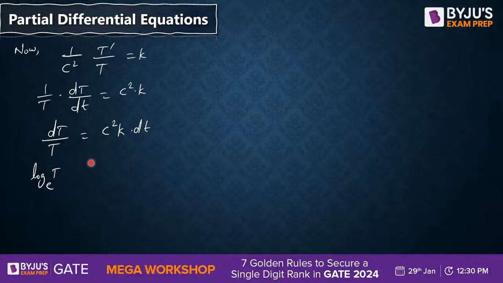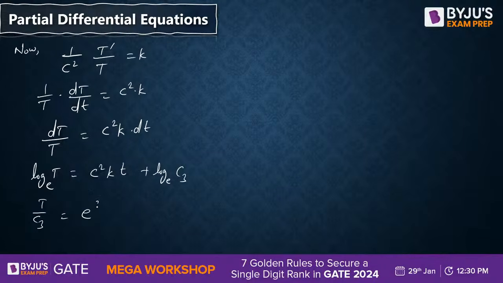Students, stay tuned here. C square k, integration of dt will be t, plus some constant log c3. So T by c3 equal to e raised to c square kt. Very good. So T will be c3 e raised to c square kt.